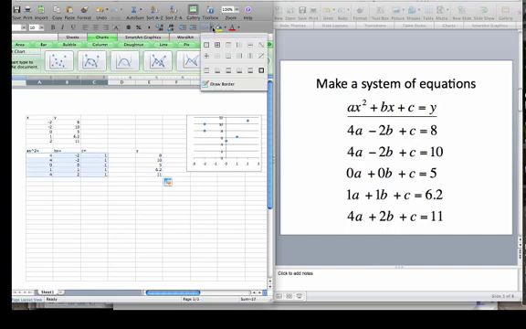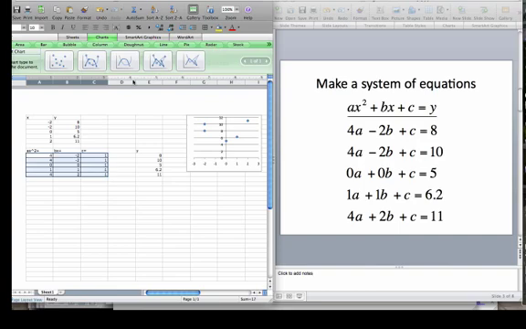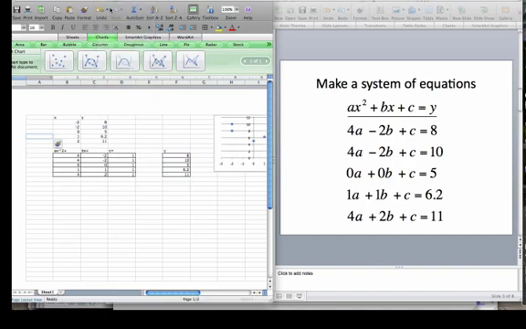I'm going to go right here and box it. And box it. And I forgot to put in a column for my label, so let me do that right now. So I'm going to call this one matrix A and this one matrix B.